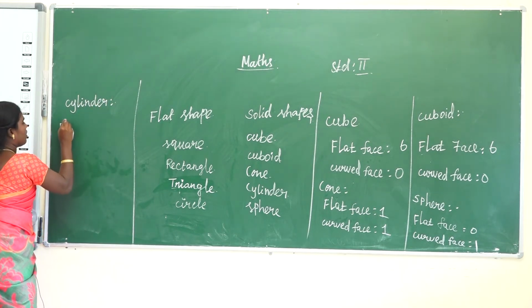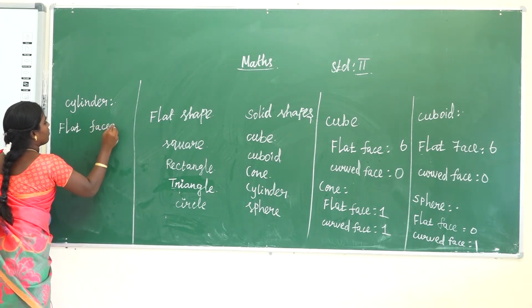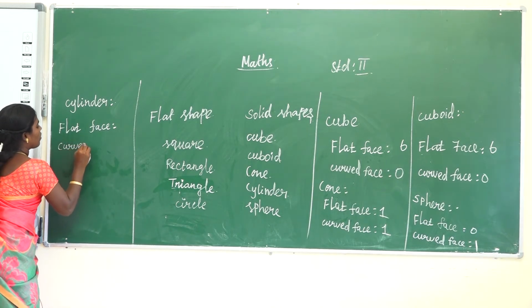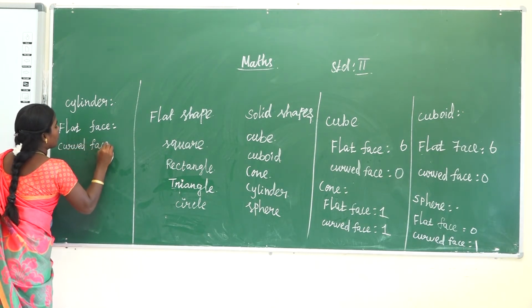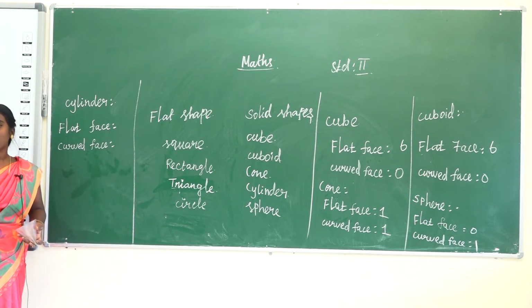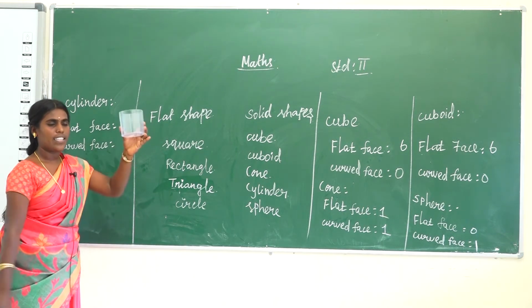First one is flat face. Next one is curved face. Cylinder has how many flat faces? Then how many curved faces? So that is a cylinder.